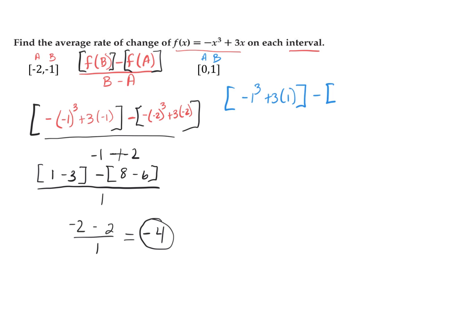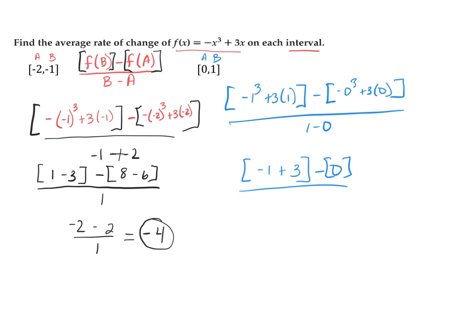Minus, plugging in my 0 is going to give me negative 0 to the third power plus 3 times 0, all over 1 minus 0. So when I clean up my function, I end up with negative 1 plus 3 minus 0 over 1. So I just end up with 2 as my average rate of change.